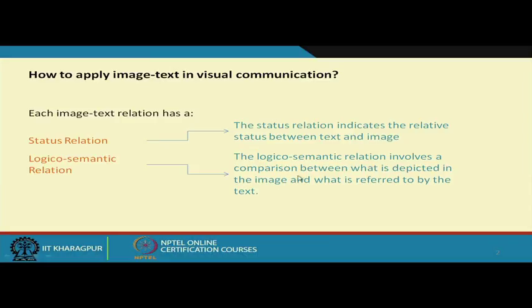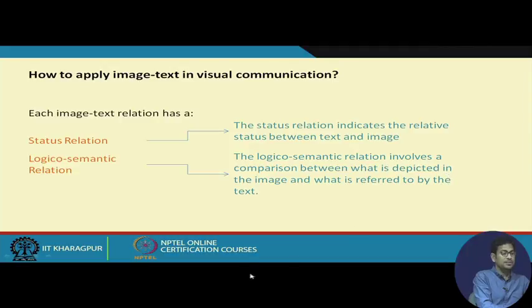That's the first logical understanding that might come into your mind when it comes to putting an image and text together. Do they have equal status in your visual field? That is one. But the second one, more importantly, is called a logico-semantic relationship, where we not only look into the status, it is not about whether one is there or the other is not there, but what we look into is what is depicted in the image and what is referred to by the text.